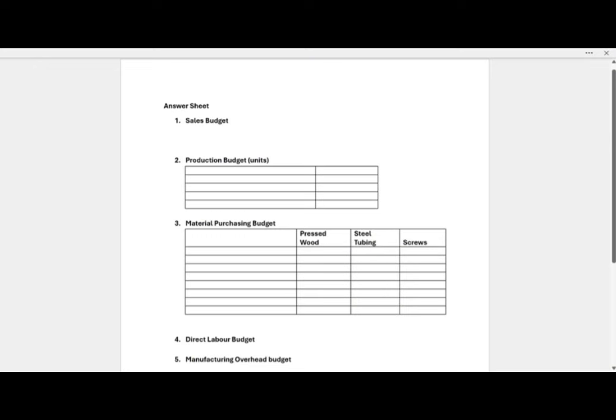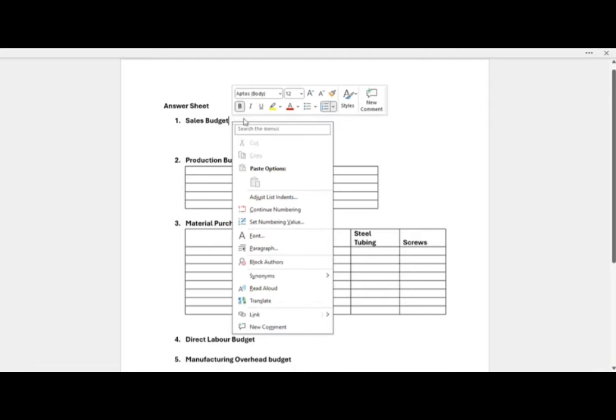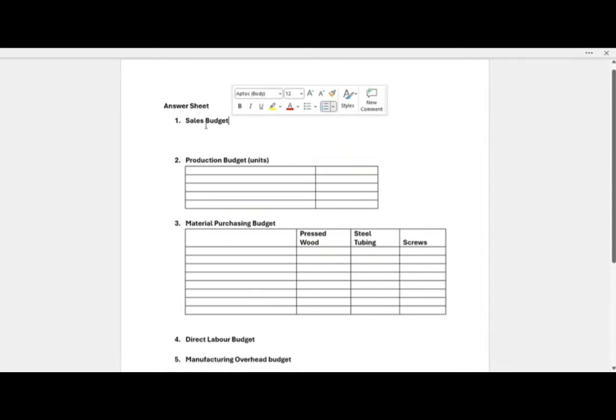Our sales budget is equal to sales units.